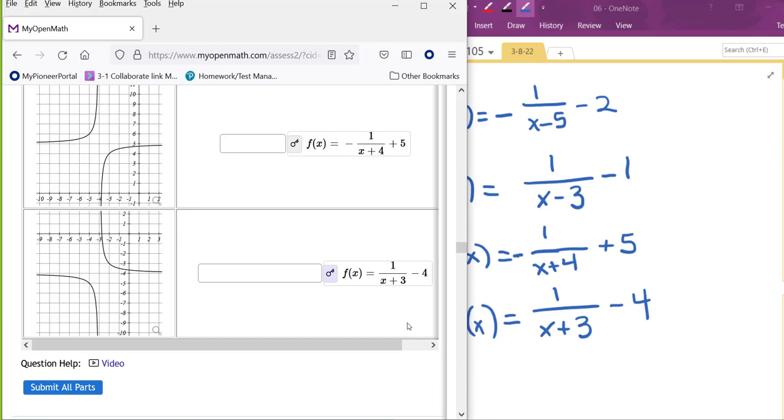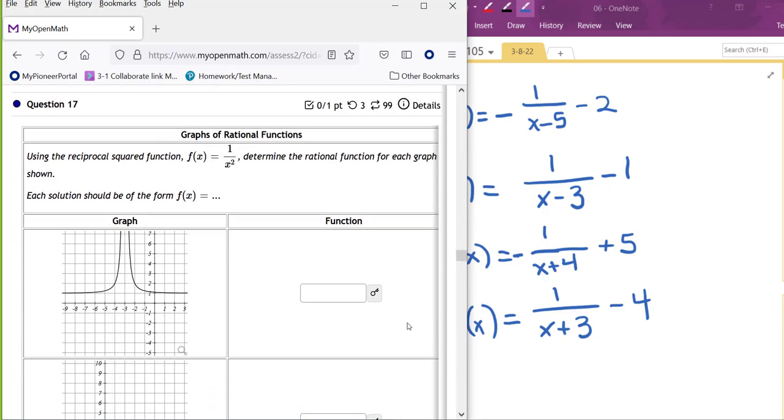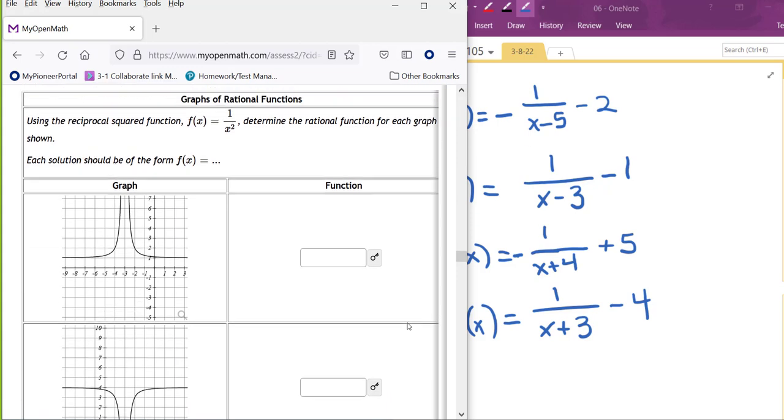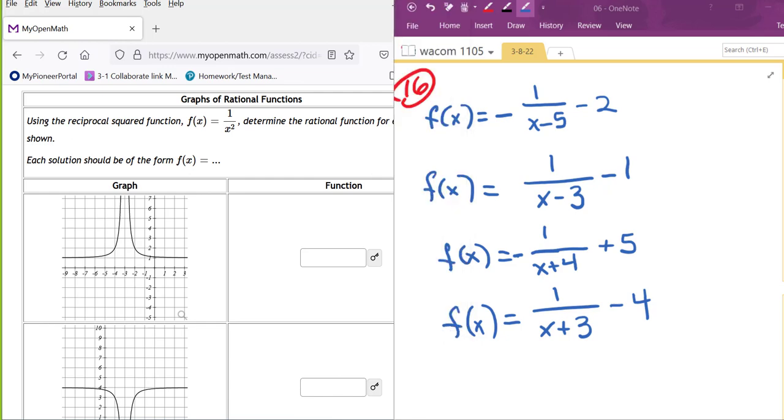Right, and 16, that was 16. 17 is going to be similar, but it is a different standard one. So we'll try to get in a couple more questions. Right, so this one, and I'll do the standard one first on your calculator.